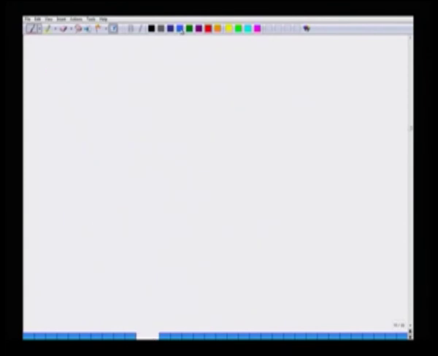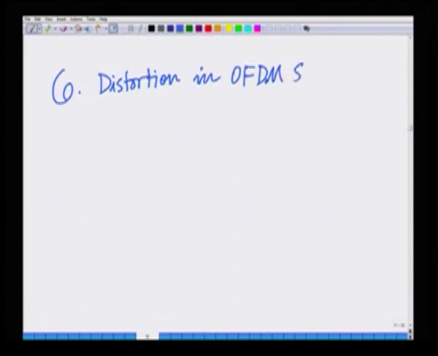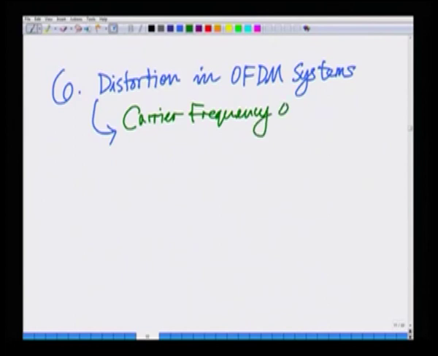Then we looked at distortion in OFDM systems. Namely, we looked at the problem of carrier frequency offset, or CFO, which arises in OFDM.